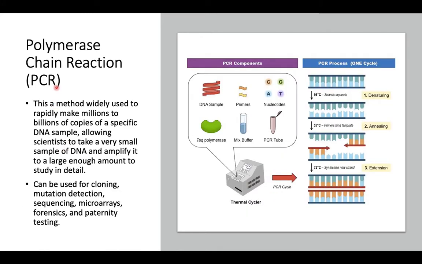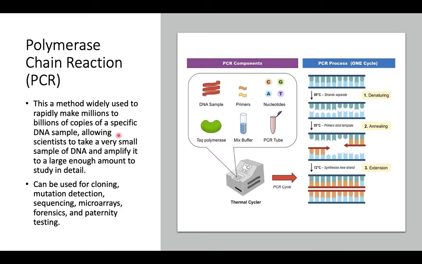So let's look at the 7 examples of the different techniques used in genetic engineering. So you're going to need to describe each genetic engineering technique and what it's used for. Polymerase chain reaction, or simplified as PCR, is used to rapidly make millions to billions of copies of a specific DNA sample.